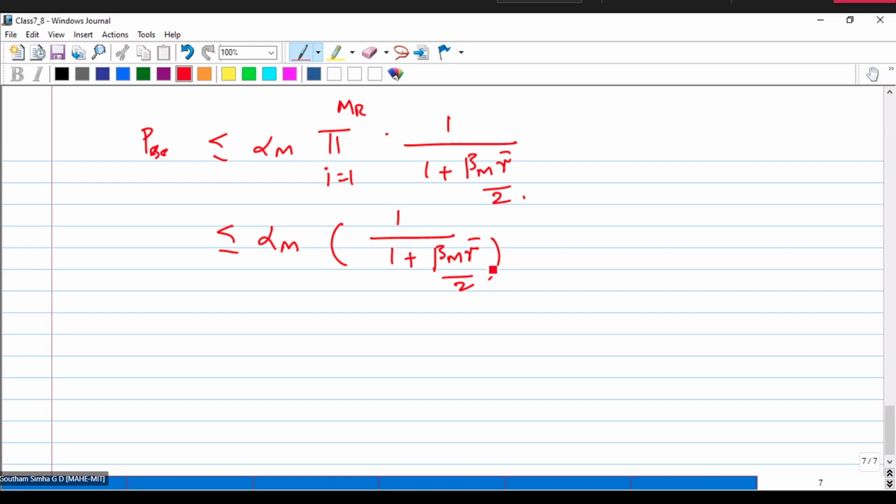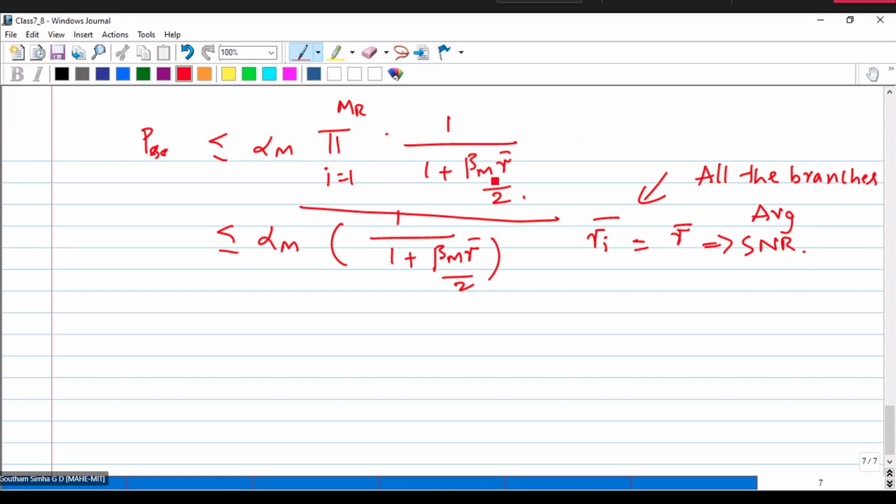Now gamma i, for all the branches, is equal to gamma; you can call it the average SNR. So this is what is given in the book directly: 1 by 1 plus beta m gamma bar by 2. You can replace it with nu also, that's not a problem.